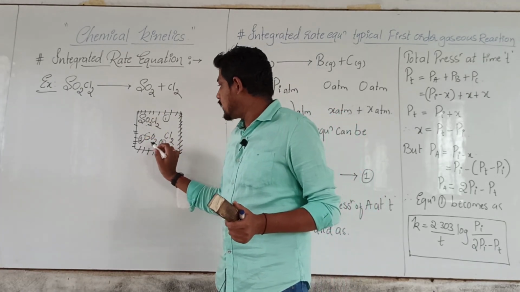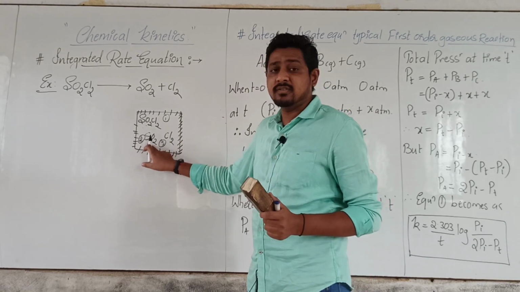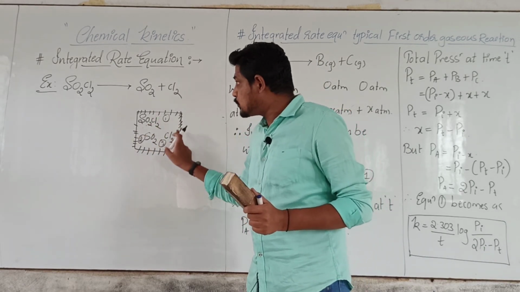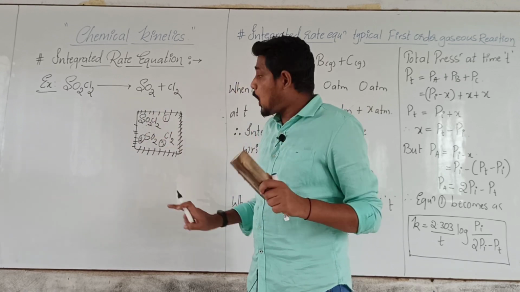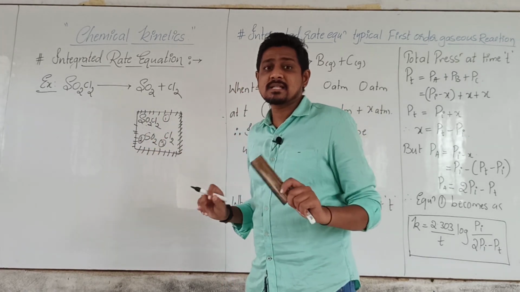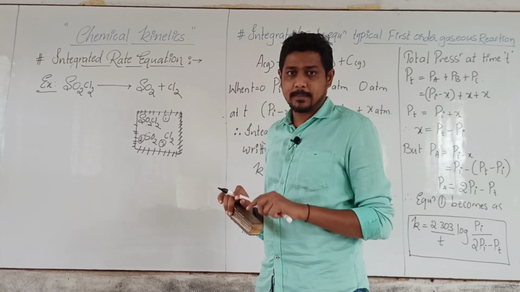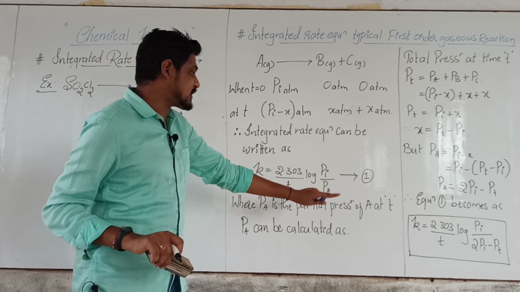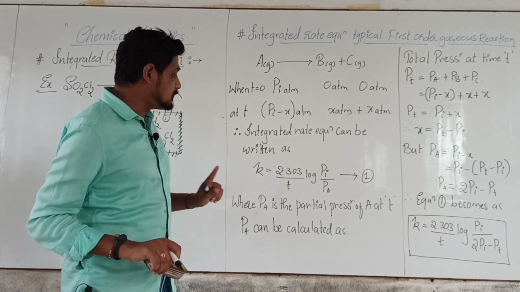Similarly, in the entire pressure exerted by these three components, the contribution of sulfur dioxide is called the partial pressure of sulfur dioxide. I hope it is clear. So Pa represents the partial pressure of A at a time T.